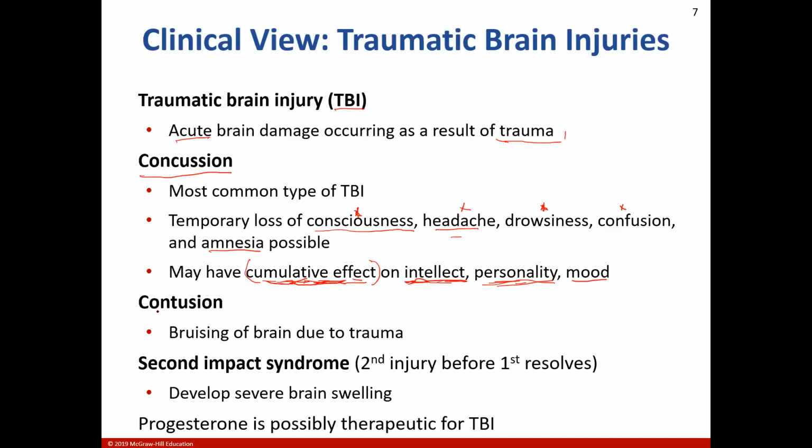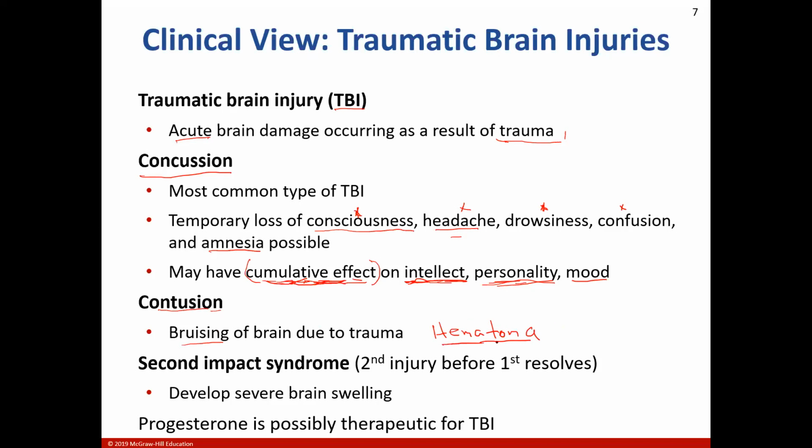Now, bruising, or contusion, is going to involve some broken blood vessels. And broken blood vessels are basically called a hematoma. So a hematoma is like a pooling of blood within the coverings of the brain, which we could talk about too, hopefully today if we can get to it.